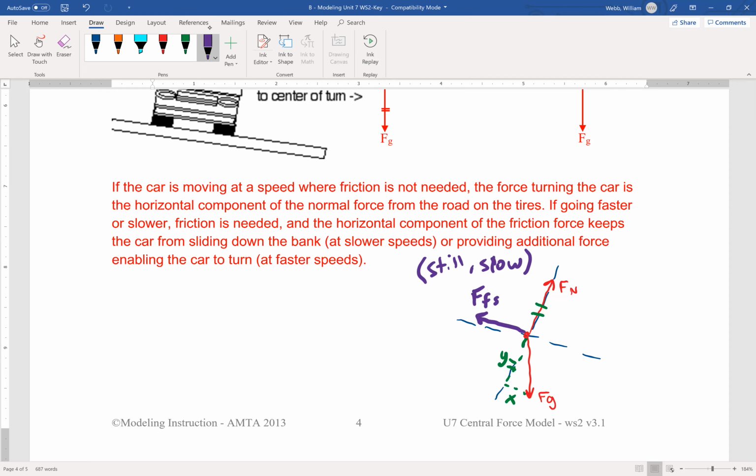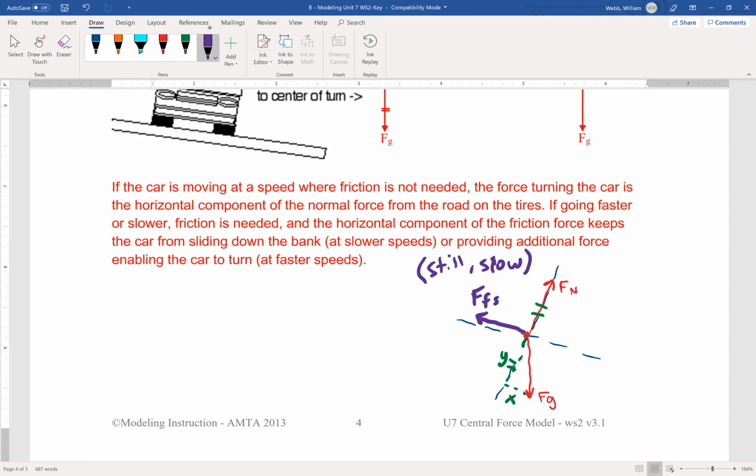But the more likely scenario is when we're driving on an off ramp or an on ramp, we're going faster than that Goldilocks speed. And so in that case, our car is going fast enough that its inertia would be driving the car up the ramp, right? If we were driving a normal speed around that curve and we hit ice, we would slide up the ramp and off, right?